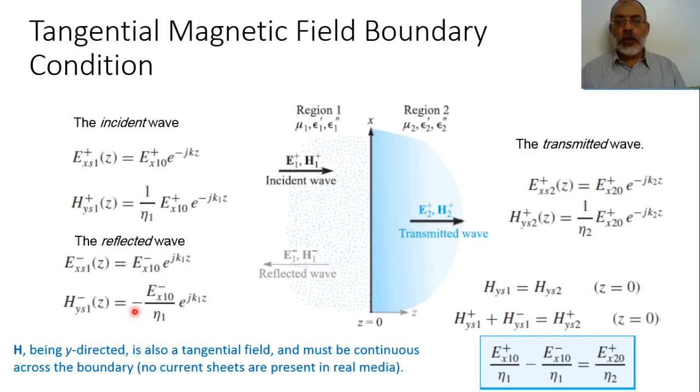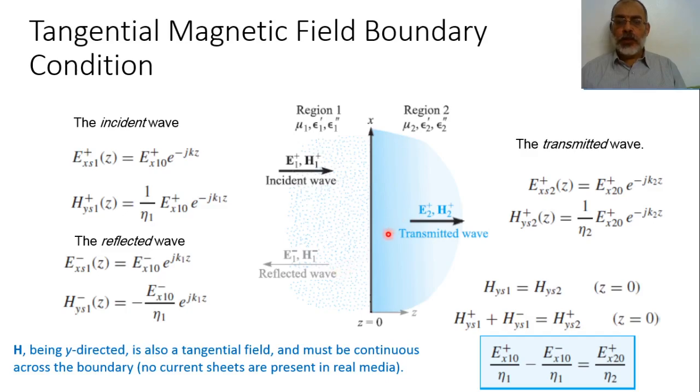This would equal the transmitted tangential magnetic field, and once again the magnetic field here is in the y direction, which is tangential to the xy plane or the plane of the interface.